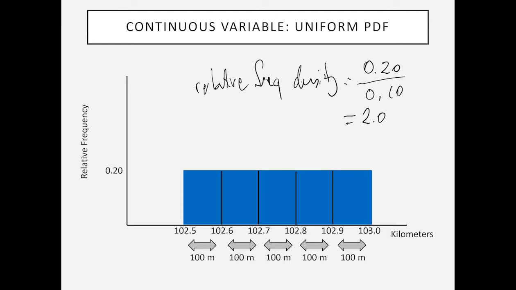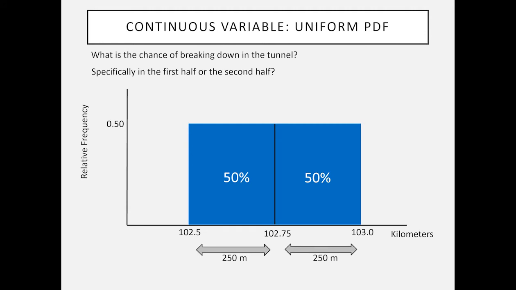How about the other example I had? 50-50. So now the relative frequency density, I'll just write it as RFD, is going to be 0.50, the relative frequency in this case, divided by 0.250, which is equal to 2 still.